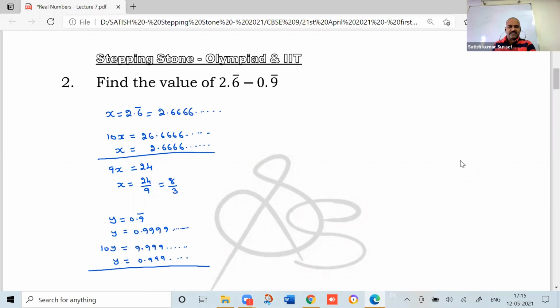Now when you subtract, 9y equal to 9, which implies y equal to how much? 1. Because it is 0.9999, that is why it became 1. Now substitute here. The first one is 8 upon 3 minus 1. That means (8 minus 3) upon 3, that is 5 by 3.